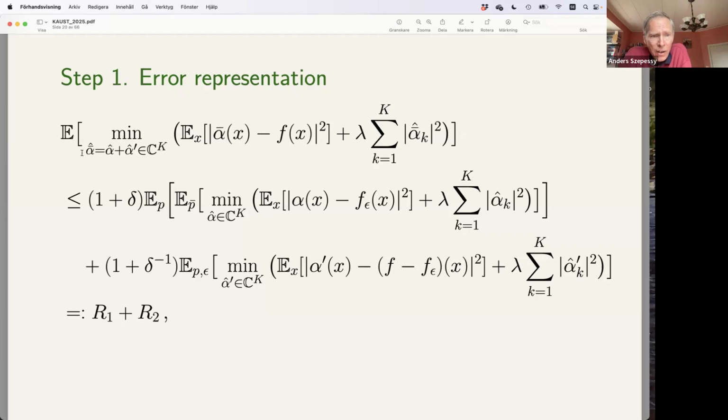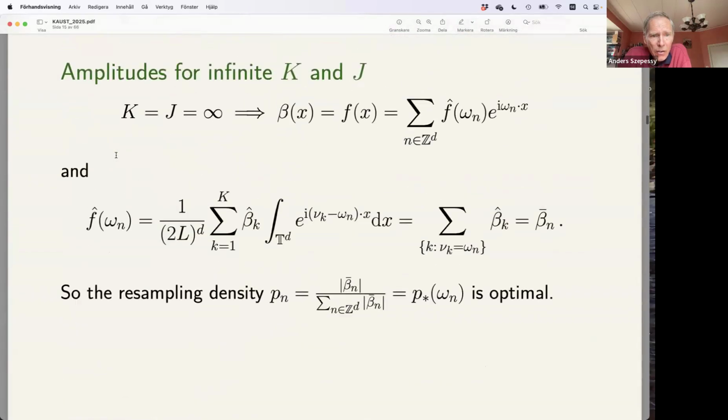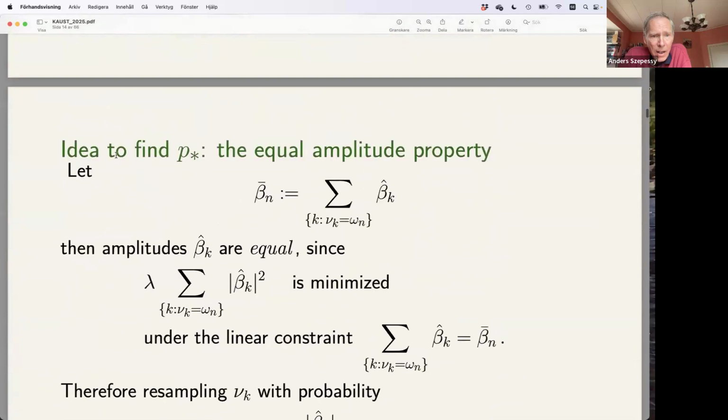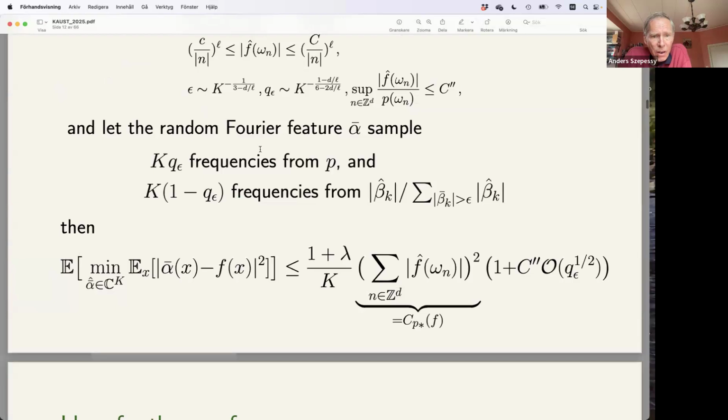Okay, so this function alpha bar has this combination of the two in the theorem. So you remember here some frequencies from the original, a few of them, k times q, they are from the original, and then the remaining, many of them, asymptotically k, they are from the resampled.